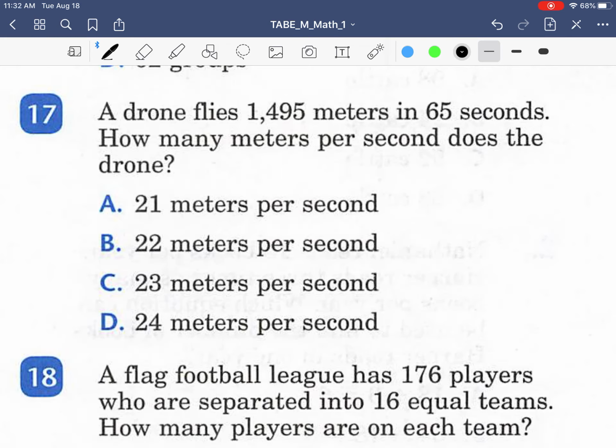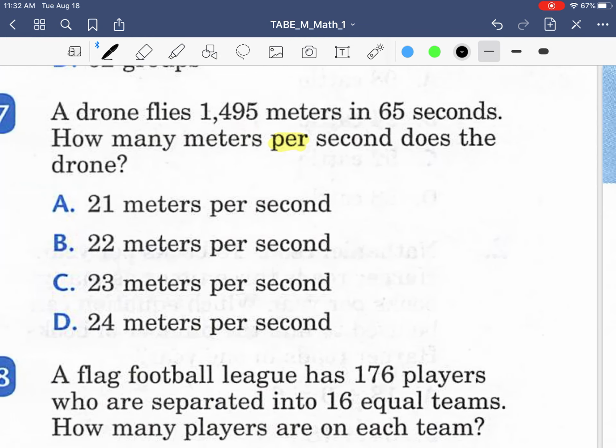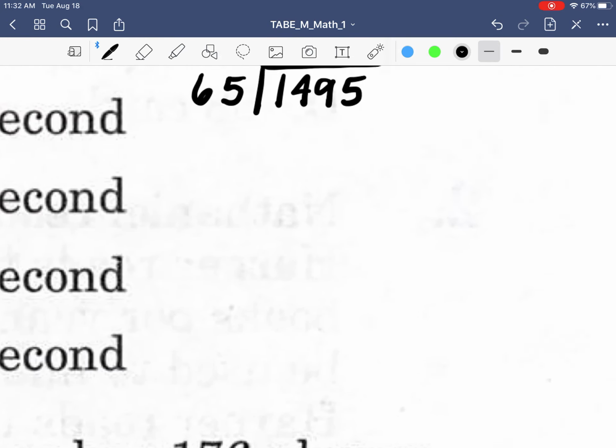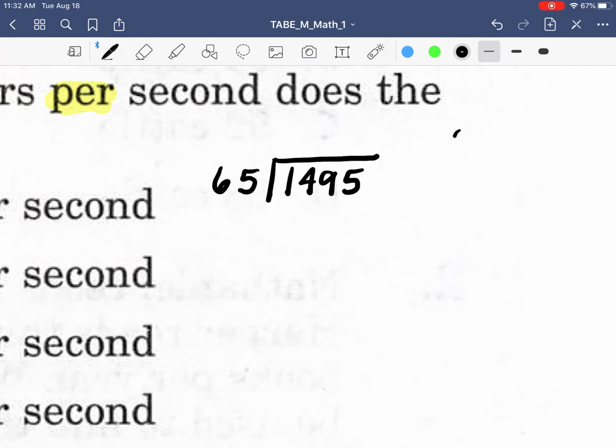A drone flies 1,495 meters in 65 seconds. How many meters per second does the drone fly? I think they left out the word fly. So I'm going to try to do this one right here. I've got 1,495 divided by 65. So in this case, each finger is worth 65.